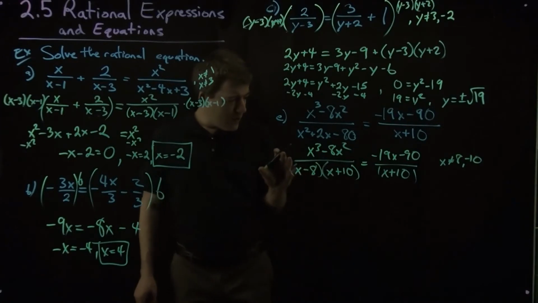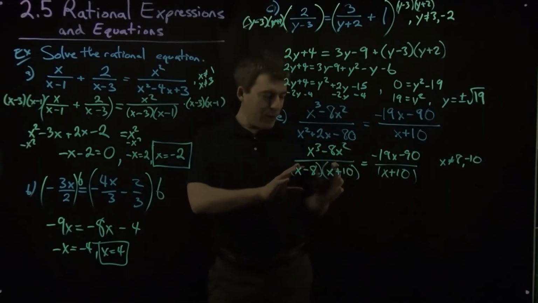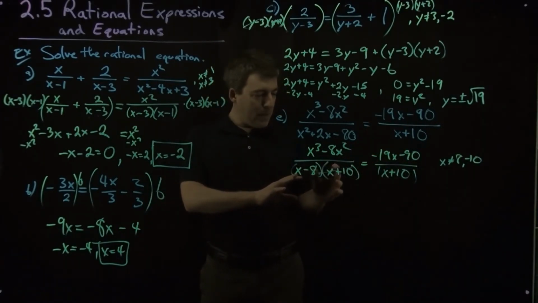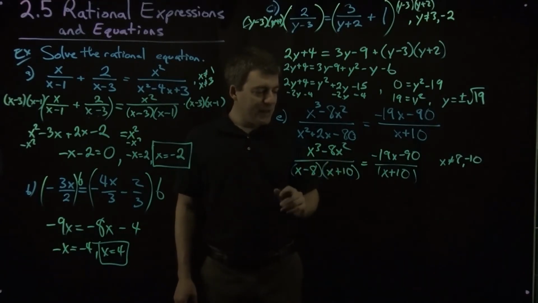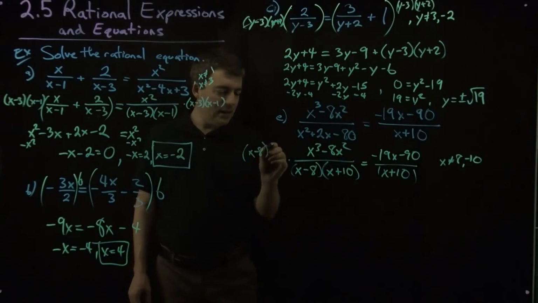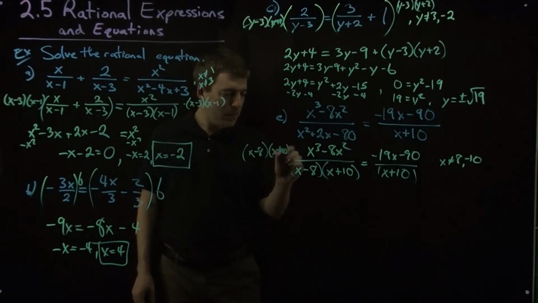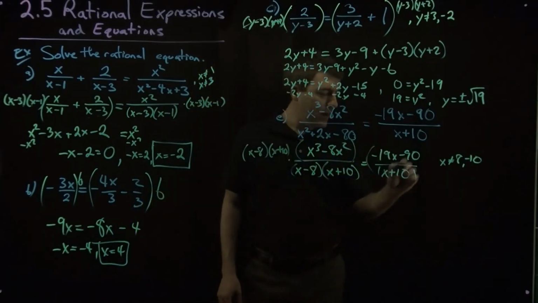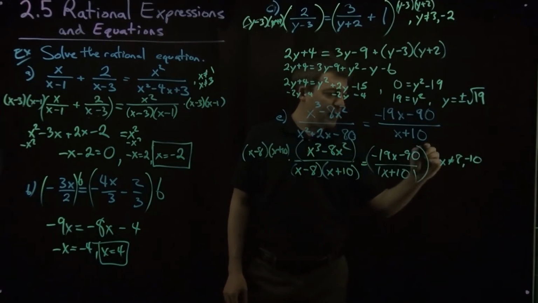And then to clear all of the denominators, we'll need to multiply by x minus 8 times x plus 10. So x minus 8, x plus 10. Over here also, x minus 8, x plus 10.